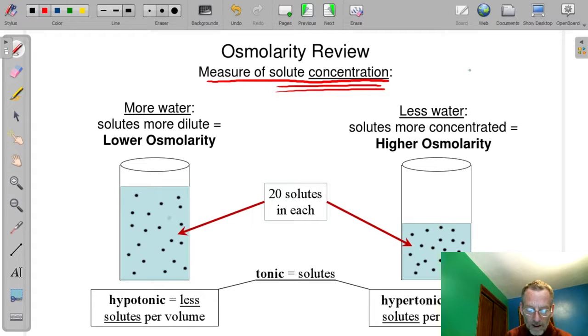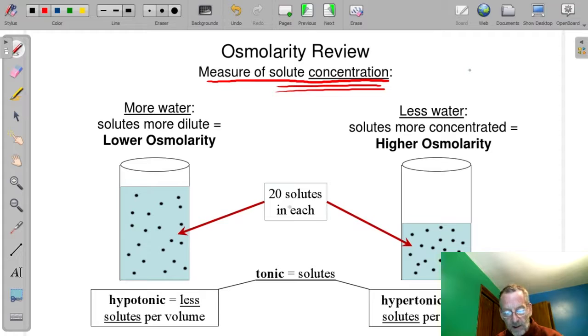And so the number of solutes is the same, but the osmolarity is different because it's a concentration. So on the left, there's more water, clearly. It's higher in the beaker. So the solutes are more dilute.